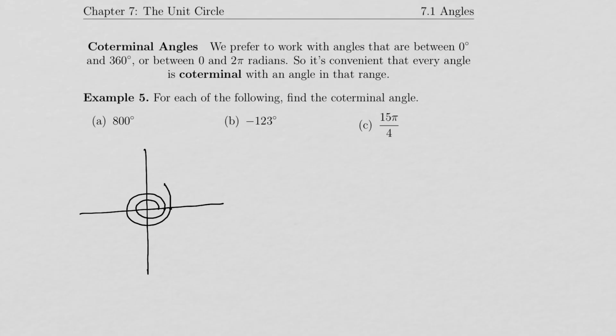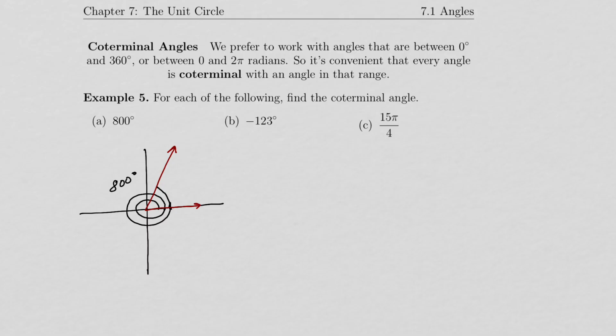Let me see if I can draw that better. Something like this. So I start right at 0 and I rotate twice around plus another 80 degrees. And that angle would be the 800 degrees.